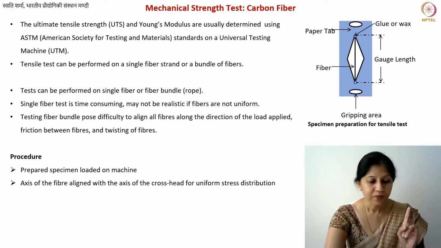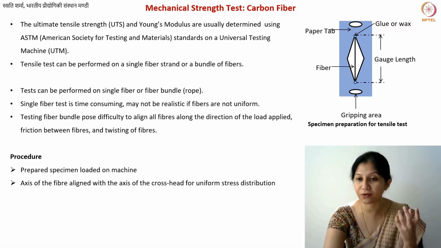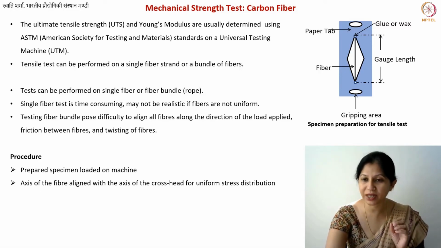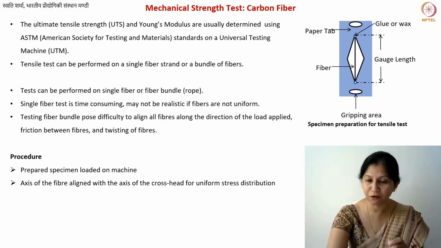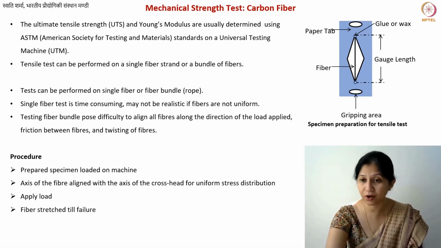Again, these are certain operating conditions of the machine, and I'm not going into the details; every machine may have a different set of operations, and how you align it, and what kind of crosshead you have, and so on. But what you basically need to do is align your fibers with the axis of your instrument. Then you apply the load, and apply the load till your fiber breaks. So apply load till fracture.